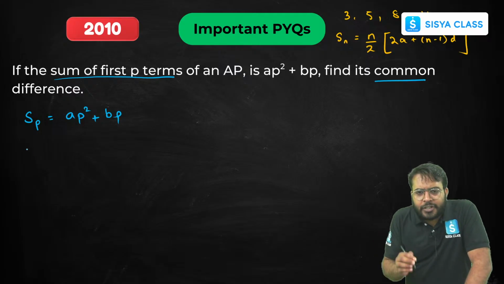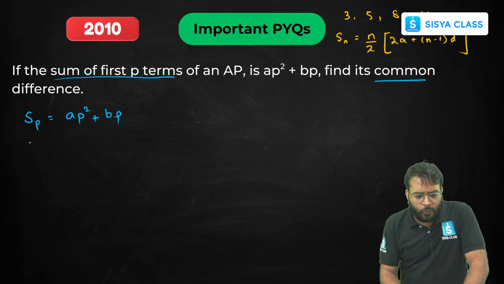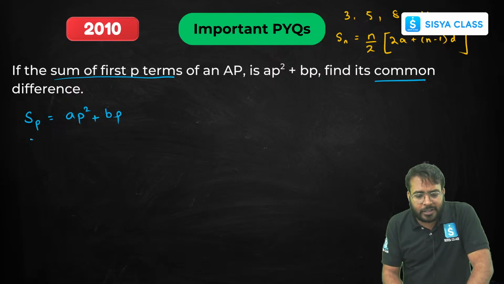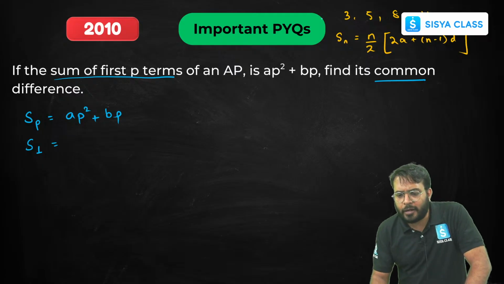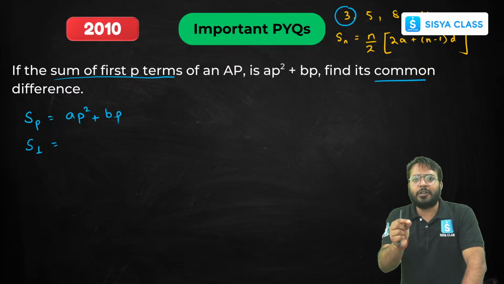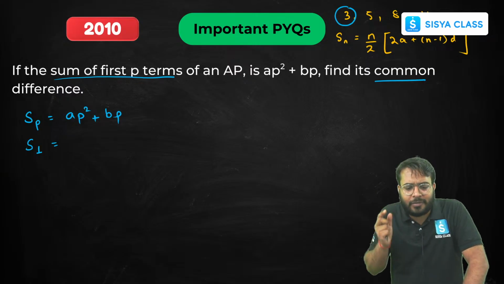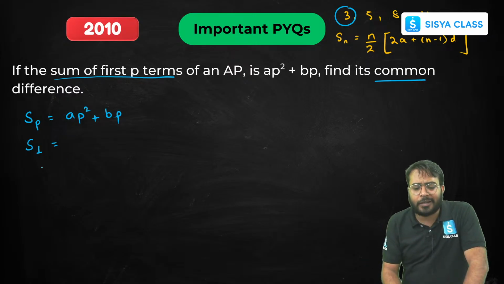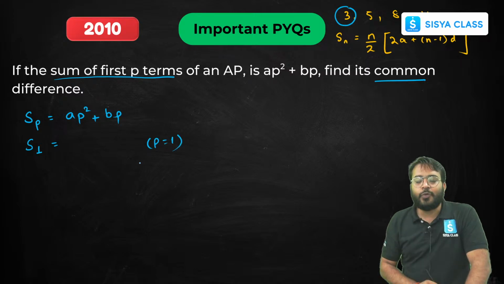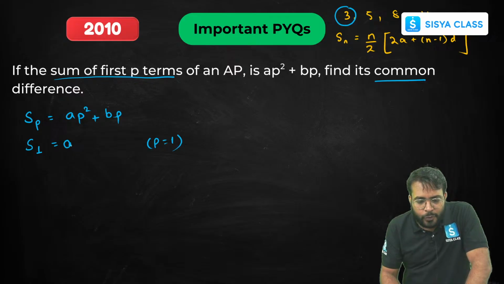अच्छा, सम ऑफ p टर्म्स अगर इतना है बेटा, सो what is going to be sum of one term? अगर मुझे एक टर्म का पता करना है, तो एक टर्म का सम क्या होता है बेटा? It is nothing but just your first term, right? सो फर्स्ट टर्म की अगर मुझे वैल्यू बतानी है, यानी कि मुझे p की वैल्यू बेटा 1 सब्स्टिट्यूट कर देना है। p की वैल्यू अगर 1 सब्स्टिट्यूट करोगे बेटा तो क्या आएगा? a into 1 square plus b into 1, yes or no?